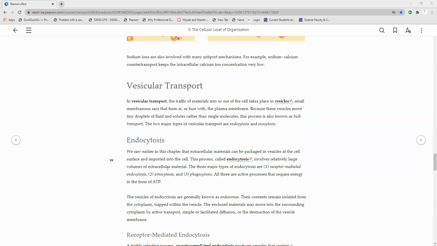Pinocytosis is cellular drinking, and phagocytosis is cellular eating. This would be like a white blood cell engulfing a bacterium, a pathogen, some damaged tissue, whatever.